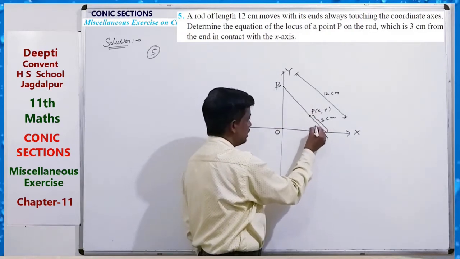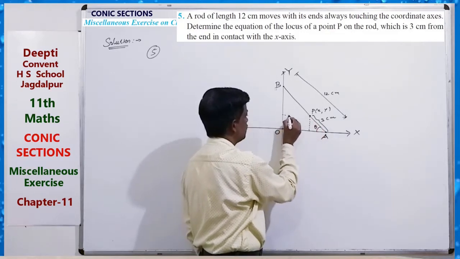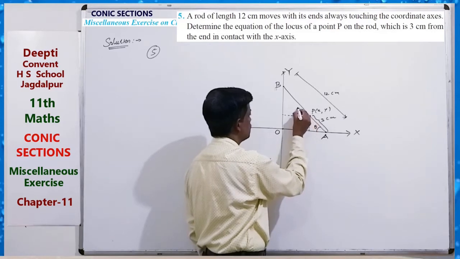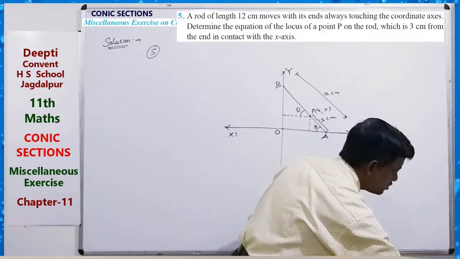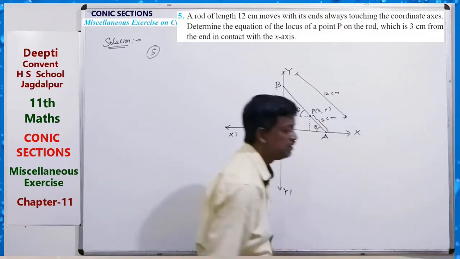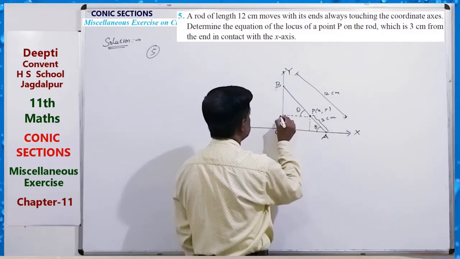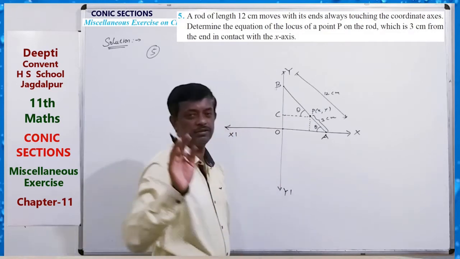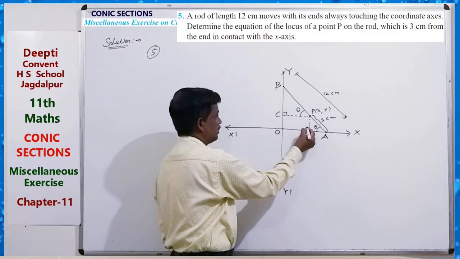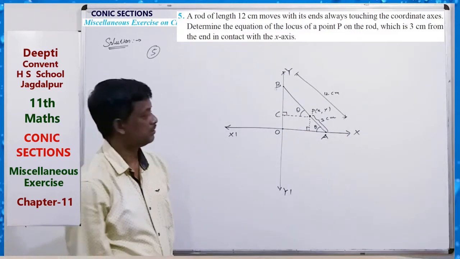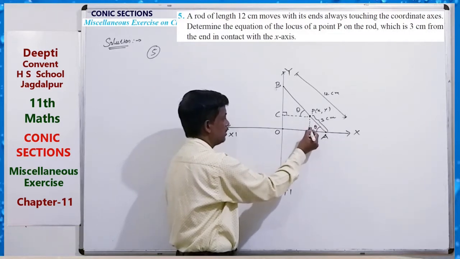Suppose this angle is theta and draw perpendicular like this and also draw perpendicular like this. Then this will also be theta because of perpendicular. Suppose this is A, this is B, this is P, this is C. Now here we can see that this is a right angle triangle.